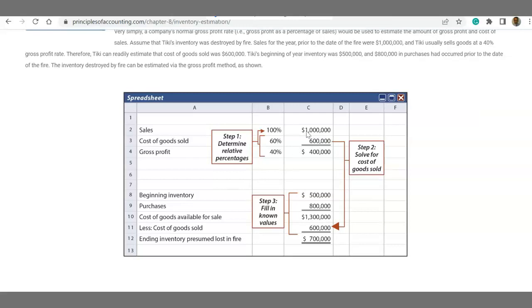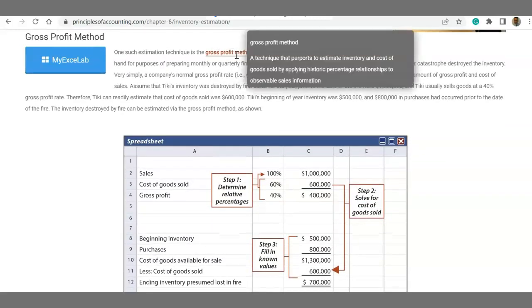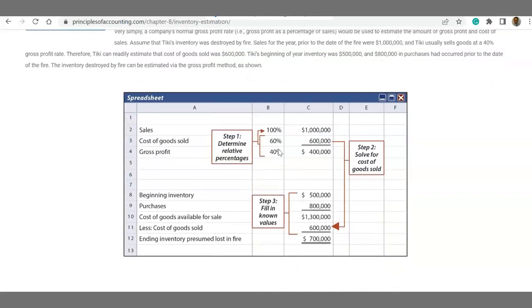Out of 1 million, 60% is your cost of goods sold, and your gross profit is 40% out of your sales. So this gross profit method, the 40% will provide enough information that your gross profit is always about 40% of your sales.